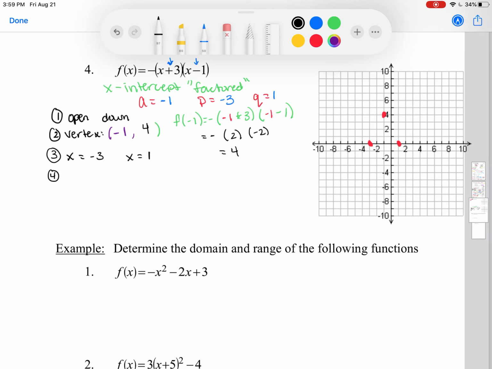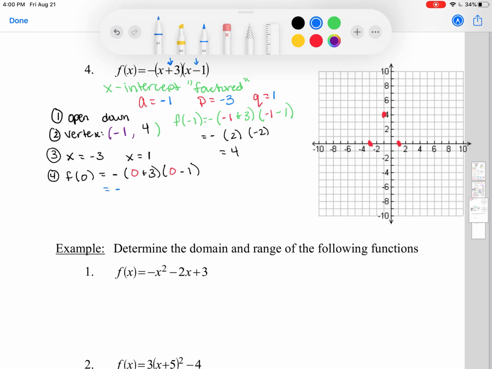All right. And just like before, instead of plugging in a -1 for my x, because I'm talking about my y-intercept, I want to plug in a 0 for my x. So I'm going to replace everything in my function. Everything for x is going to turn into a 0.